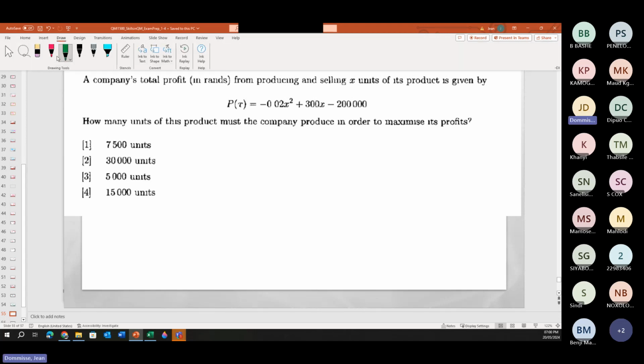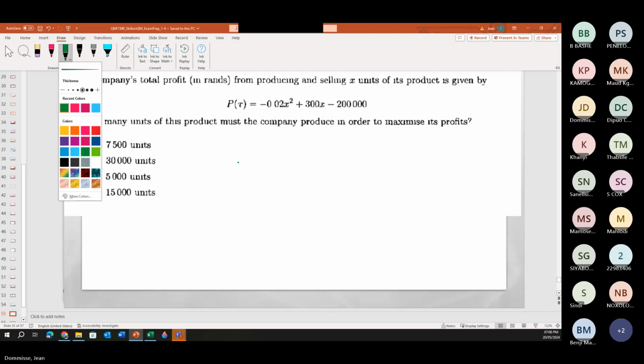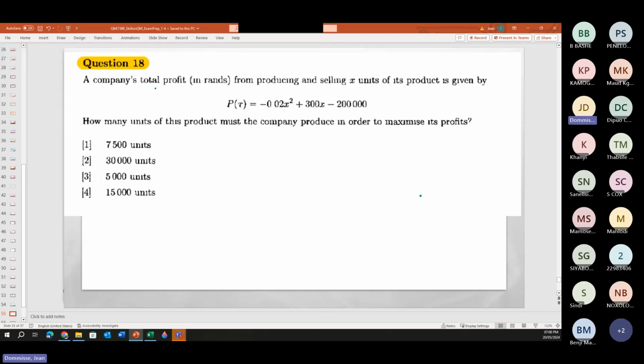Okay, let's see. A company's total profit in rands from producing and selling X units of its product is given by this. How many units of a product must the company produce in order to maximize its profits?